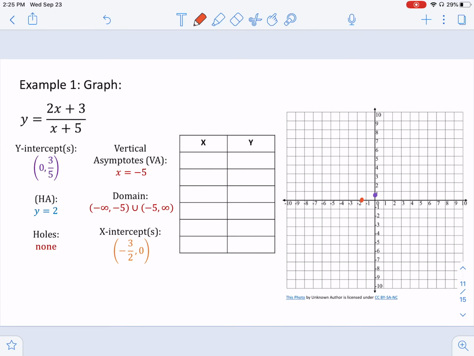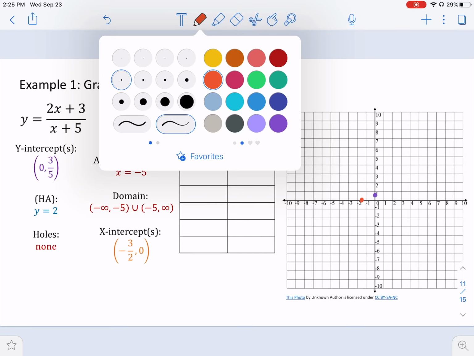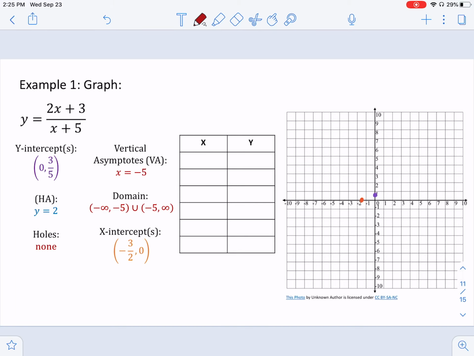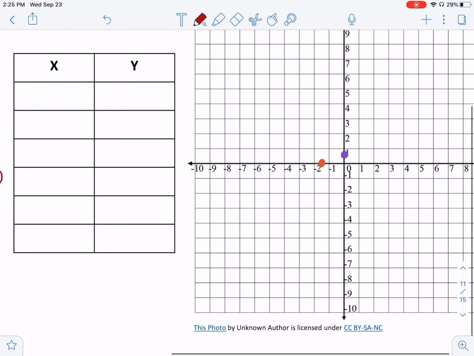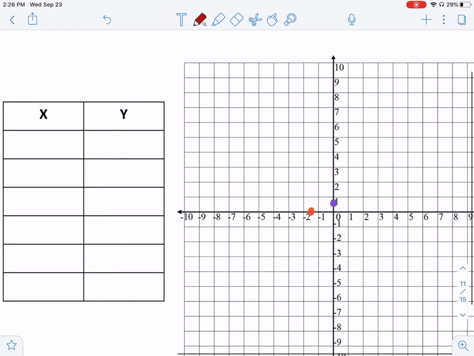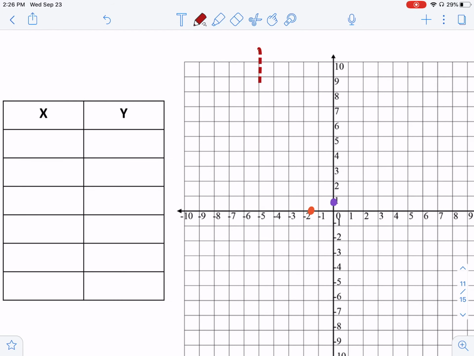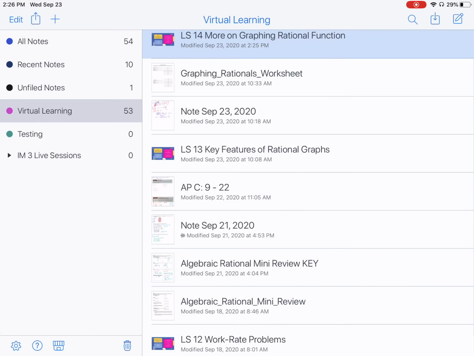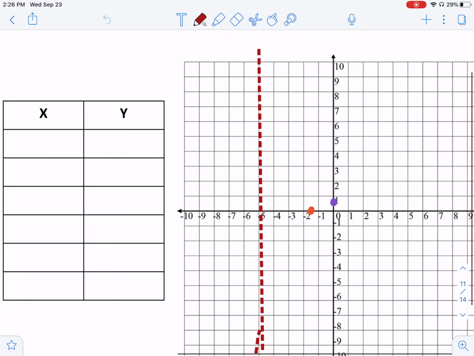And then we can put in our asymptotes. Your asymptotes are going to be dashed lines. That's because they're actually imaginary. They don't really exist there. They exist, but they're not actually part of the graph. So we dash them in to use them as a guide. So I have a vertical one at -5, x equals -5. So I'm going to go over on the x-axis to -5, and I'm going to draw a vertical line here.